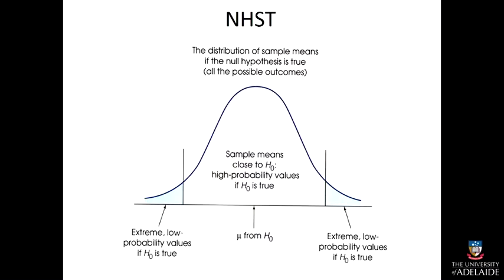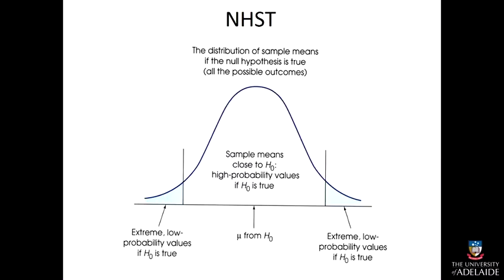Its standard deviation is referred to as the standard error of the mean, and we can know the proportions of values we would expect at any part of the curve. So we know that values that are close to the mean have high probability, and values that are a long way from the mean of that distribution have a low probability.